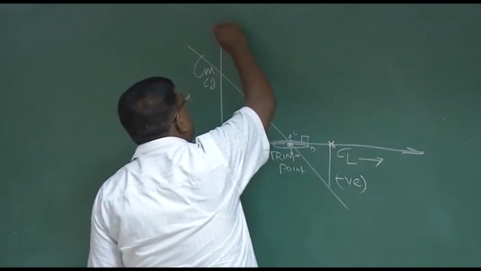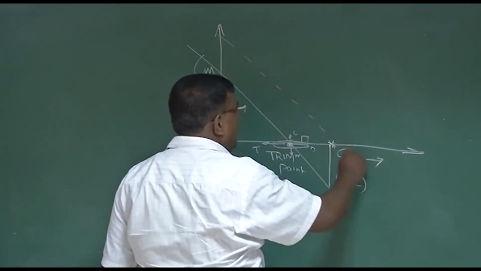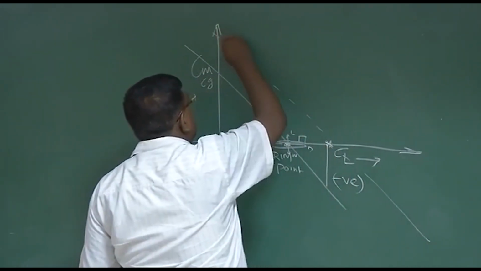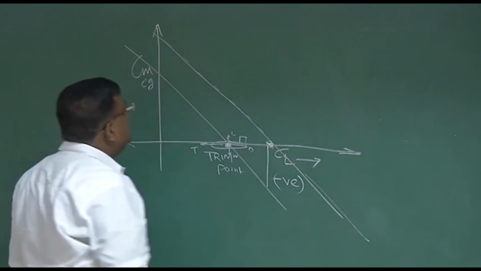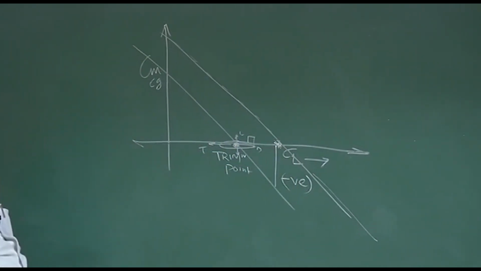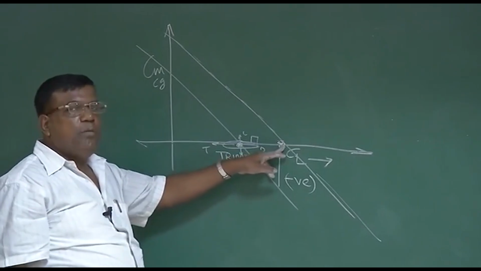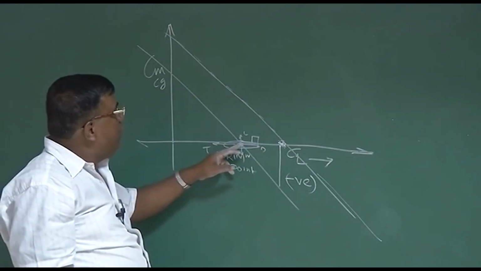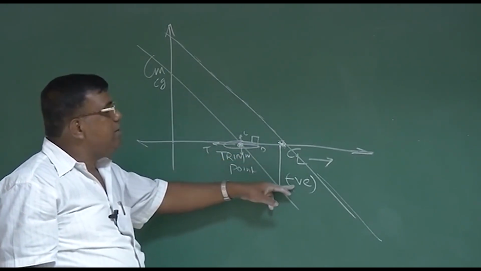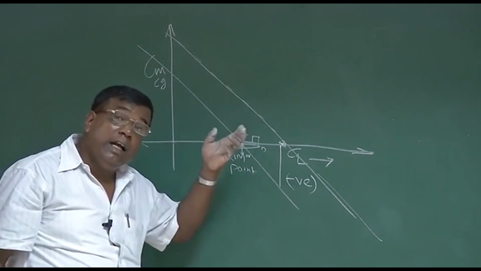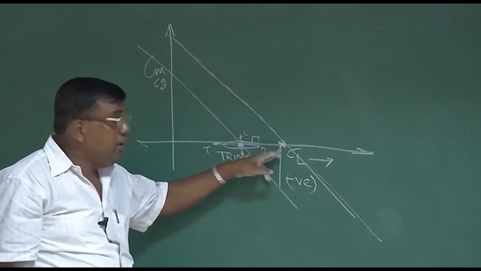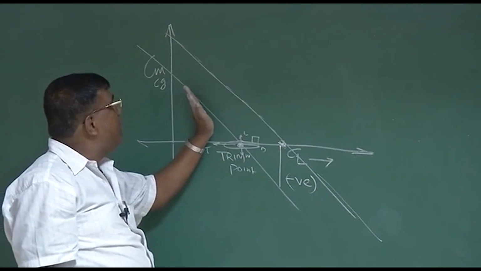Graphically, you want something like this, your graph of CM versus CL should look like this. Now this point is a trim point, but the moment I try to go there, it generates a negative moment. You have to counter the negative moment so that it stays here. Graphically, I have to shift this graph from here to here.